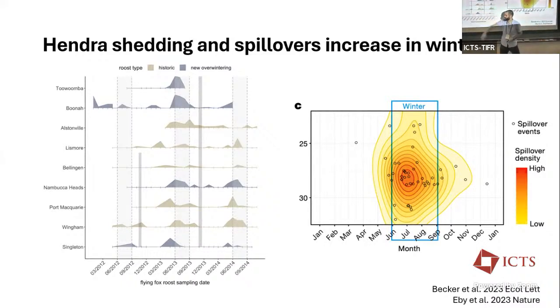There are multiple populations, and what this graph is showing is the prevalence of virus, measured in aliquots of roost urine. They put out tarps and collect roost urine from bats living in the roost above it, and then they test a proportion of those samples.